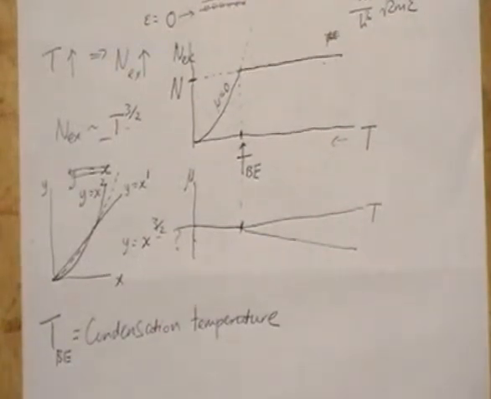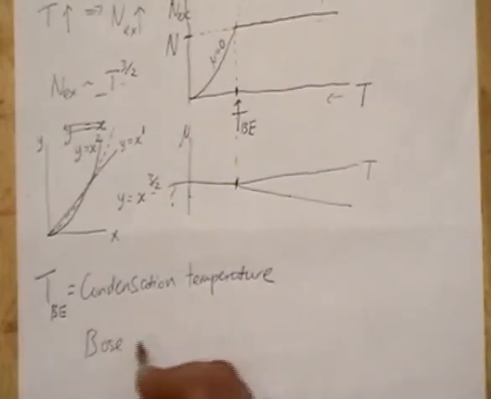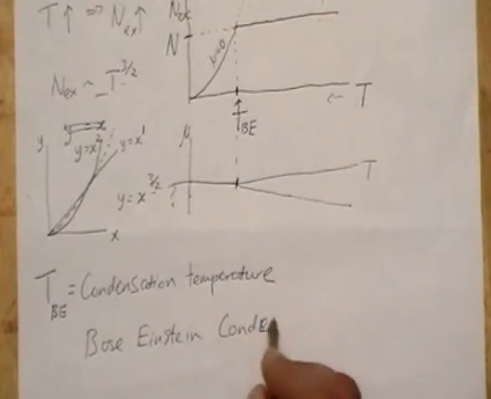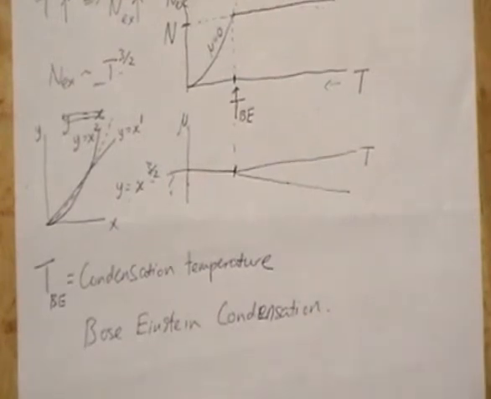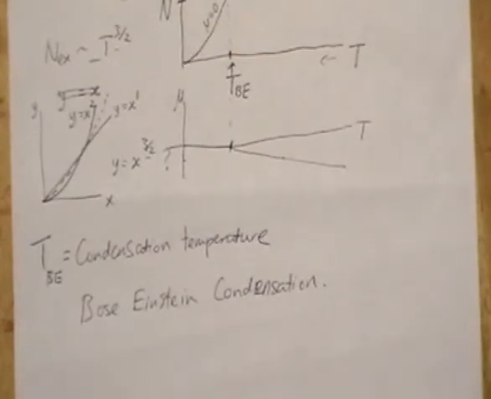And this phenomenon in which lots of particles start going into the ground state has a name. It's called the Bose-Einstein Condensation. Okay, now just while we're here, let's learn another term.